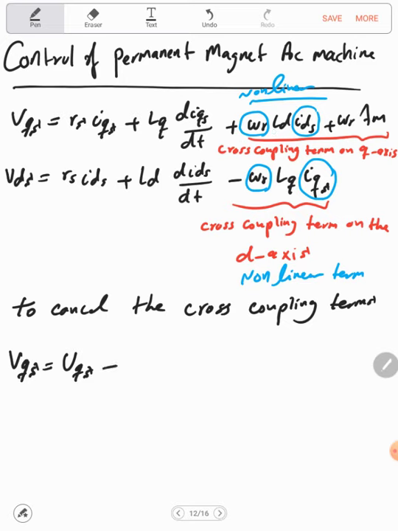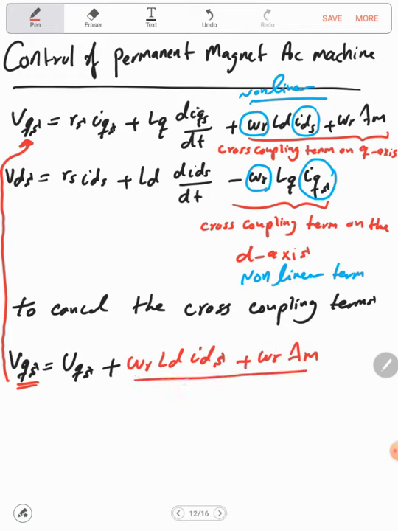So I will add plus omega r LD IDS plus omega r lambda. If I substitute VQS here, I will end up with UQS equal RS IQS plus LQ dIQS by dt, and those terms will cancel the cross coupling terms. The same thing is applicable for the D-axis.